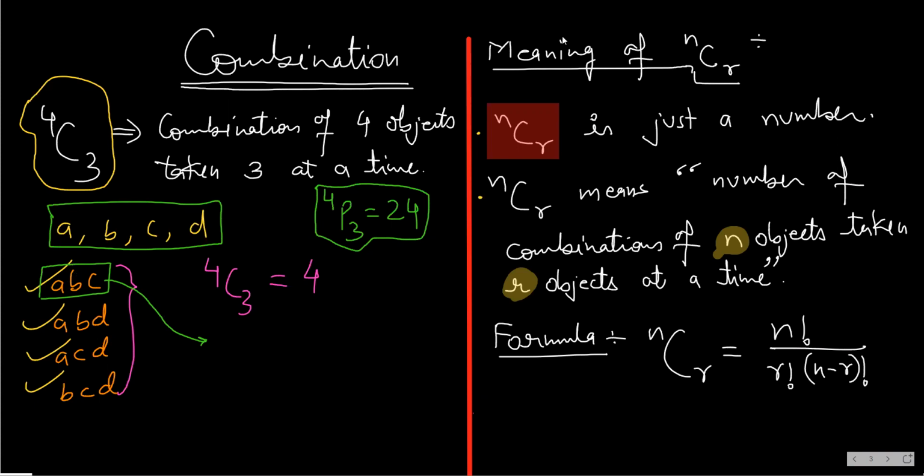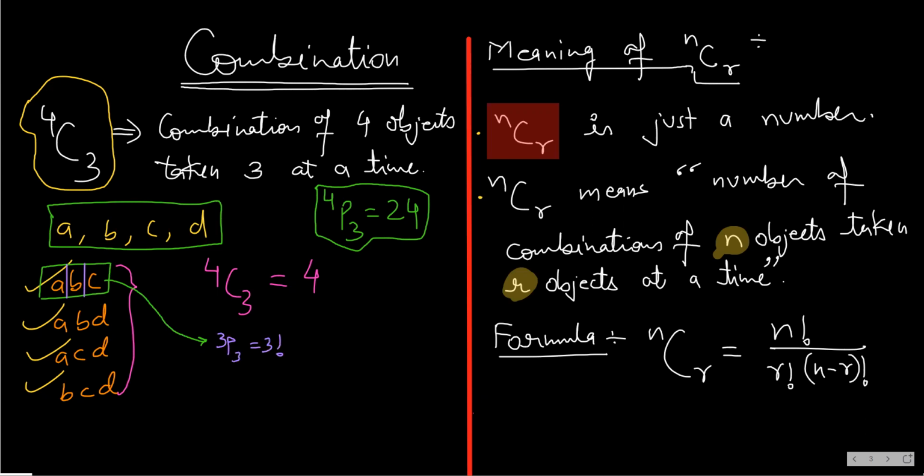These 3 objects can be arranged amongst themselves in 3 factorial ways, 3P3. So what happened there was you took 3 objects, and now these 3 objects are arranged among themselves. So 3 objects can be arranged amongst themselves in 3P3, that is 3 factorial ways.